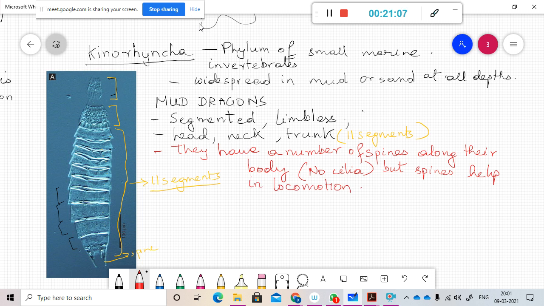As you know, the body wall is covered by cuticle. Body wall consists of a thin syncytial layer.